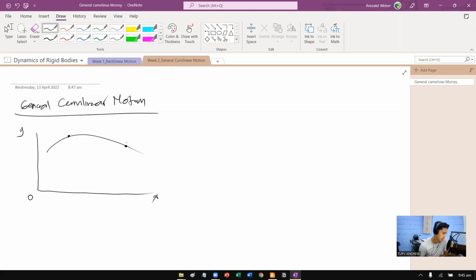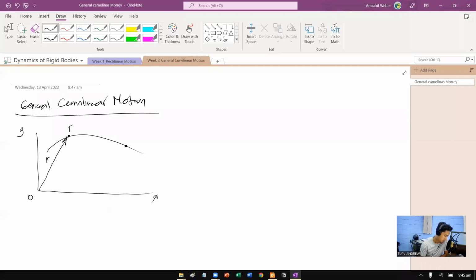The position of the particle at the initial time is this. Remember that position is a vector, meaning it has to have an arrow. So this is, let's say, r, the position of the particle.